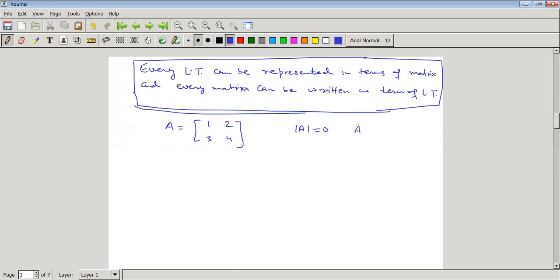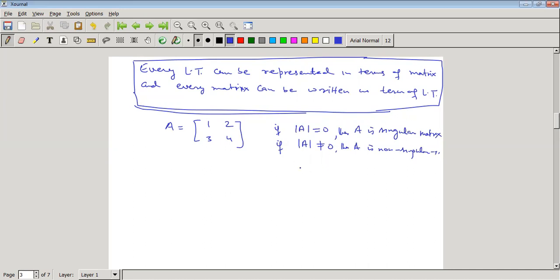Then A is a singular matrix. And if the determinant of A is not equal to 0, then A is a non-singular matrix.